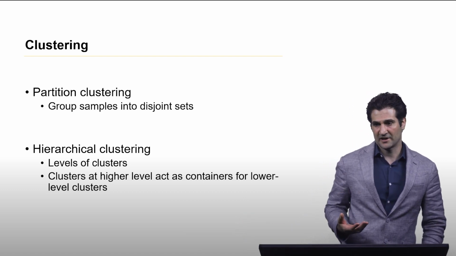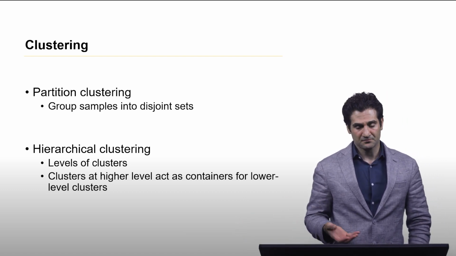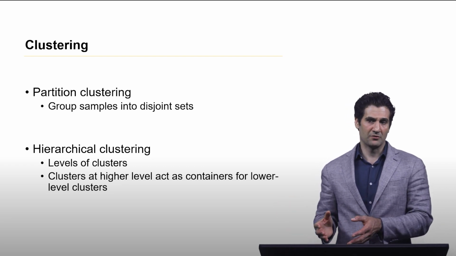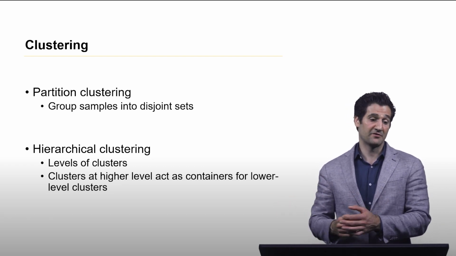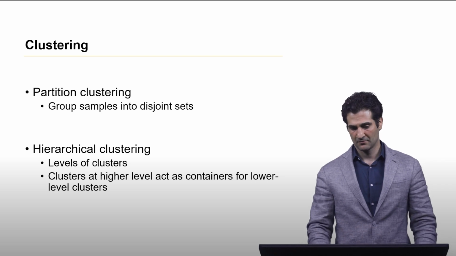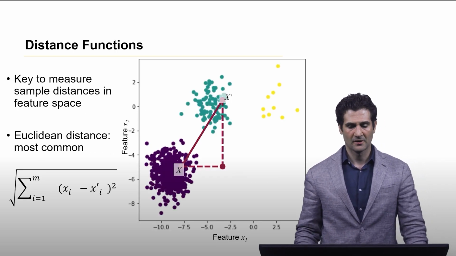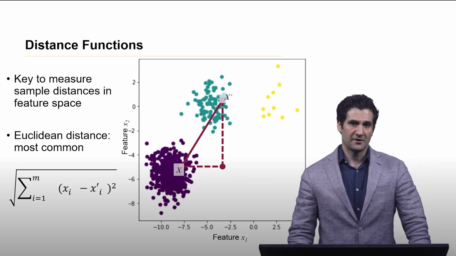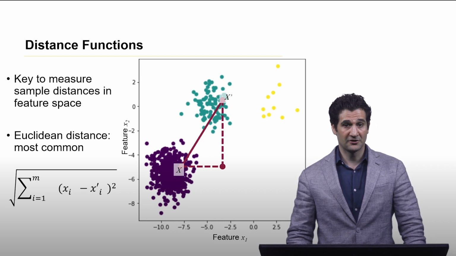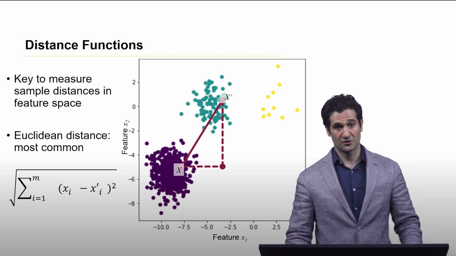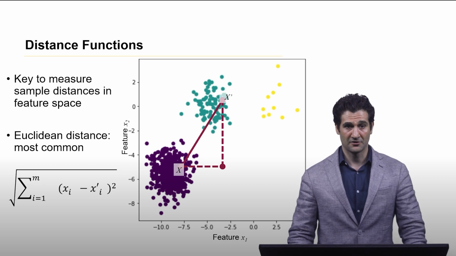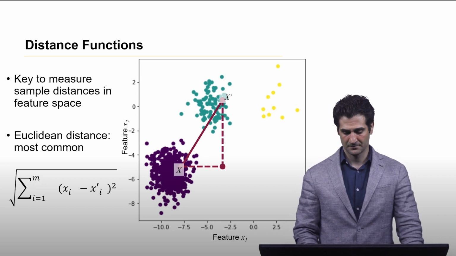You can think of it as like a set of kitchenware where multiple containers can fit inside a larger one. Clustering algorithms will typically use a distance function, and the ones we'll cover in this course will. Shown on the slide is our good friend, the Euclidean distance function.